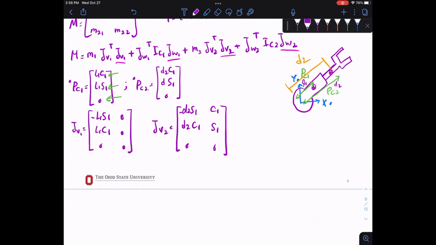We are getting the partial derivative of the center of mass PC2 with respect to the first variable, theta 1, then the same with respect to your second variable, D2. So cosine theta 1 becomes just a fixed constant for that, right? Both of them are 3 by 2, but one does not have a contribution here because the second link does not affect this.